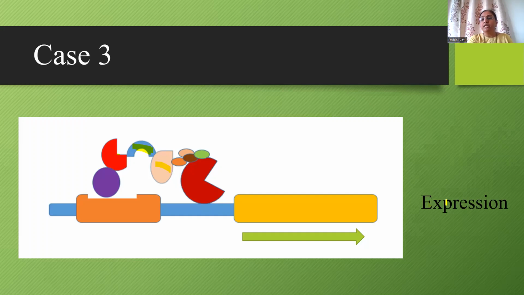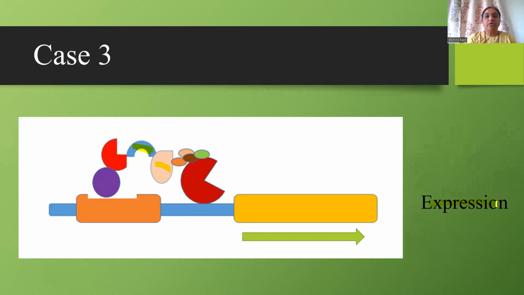And if instead you find no expression, that the reporter gene is not expressing, it is concluded that there is no interaction between the prey and the bait. When there is no expression, the prey is not able to interact with the bait. But when there is expression, there is protein-protein interaction.